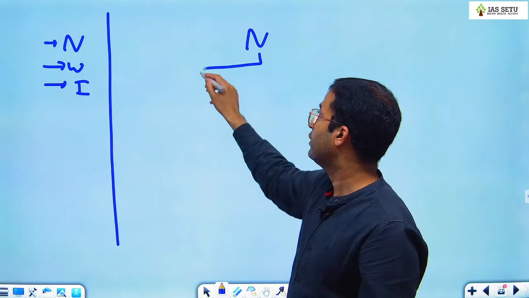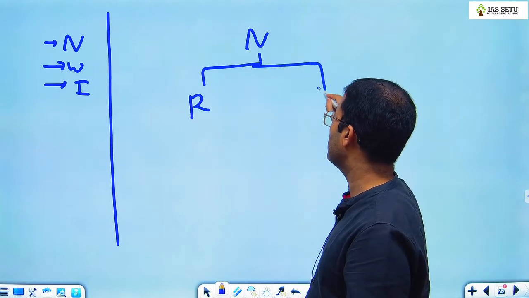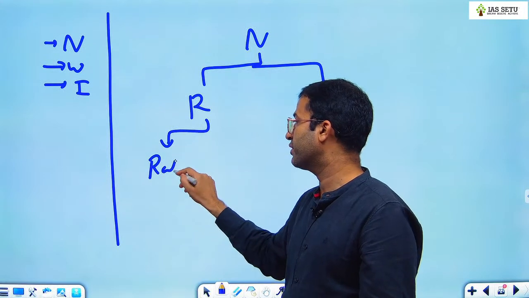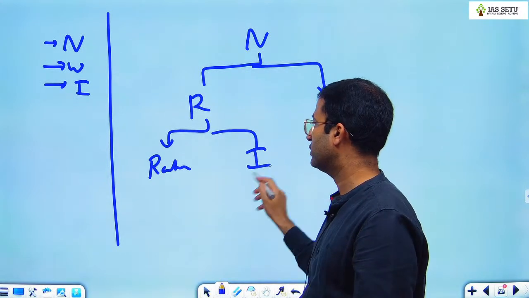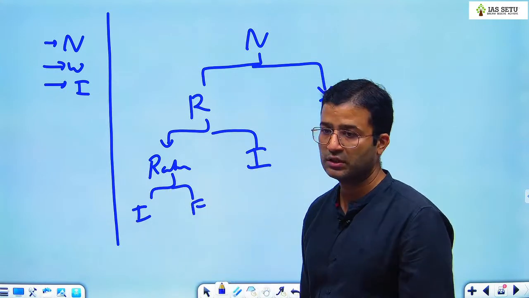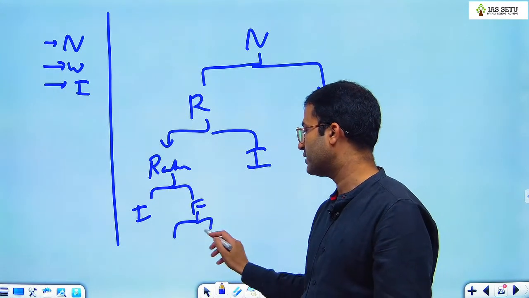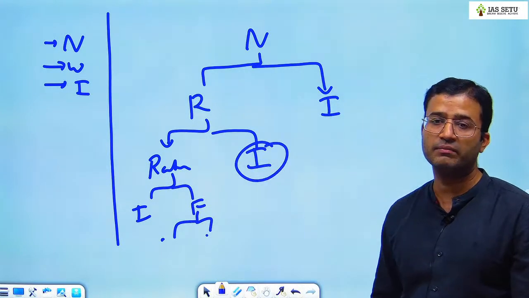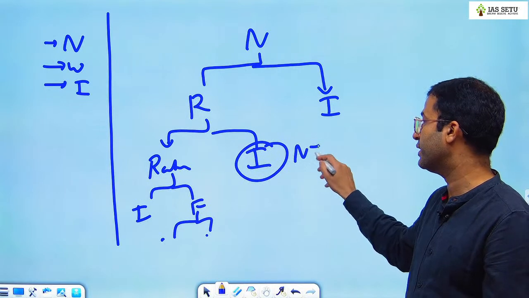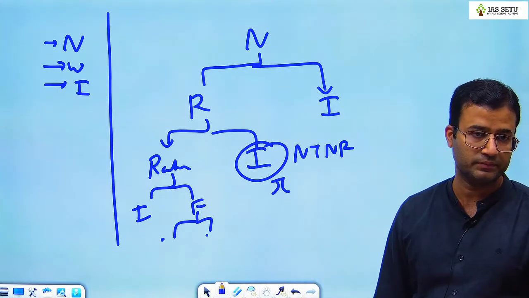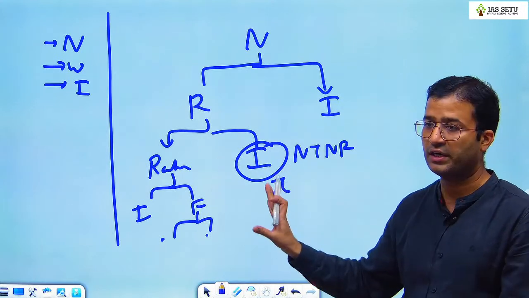Numbers we divide in two parts, real numbers and imaginary numbers. Real numbers we divided in rational and irrational. Rational numbers we divided in integers and fractions. Fractions are of two types in decimal, terminating and non-terminating but repeating. Irrational numbers in decimal neither terminate nor repeat. Pi is an irrational number. So this was our number chart idea.